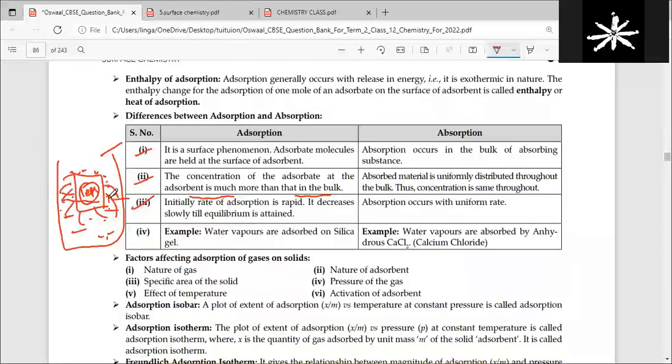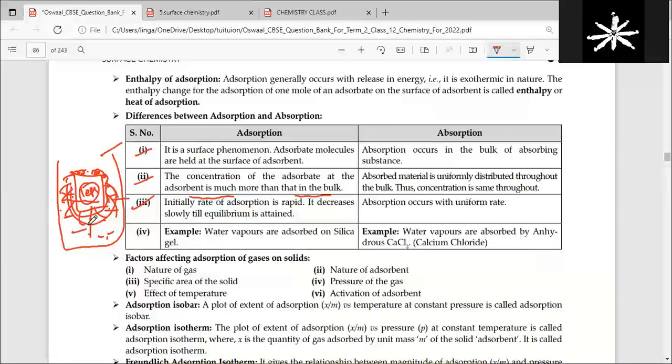Whenever this liquid is adsorbing, the surface area is decreasing, because this area is completed within 5 seconds. Then only the top side surface area remains. Then whenever it is dipping, slowly here also it is occupying. Are you getting? Yes, sir.